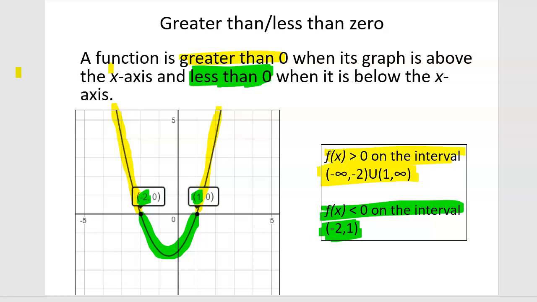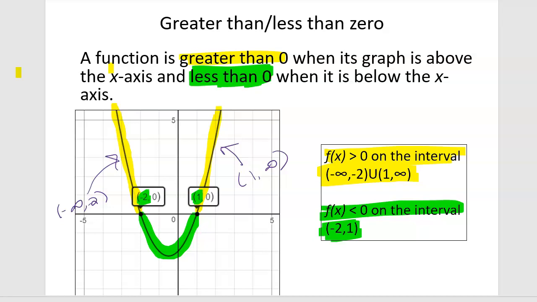The interval -∞ to -2 is this left part here. Sorry, -2, put the negative sign in there. And this right over here is the 1 to infinity. Notice once again, they're just using these x values to write the intervals.